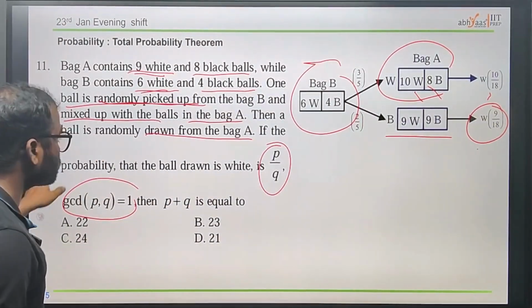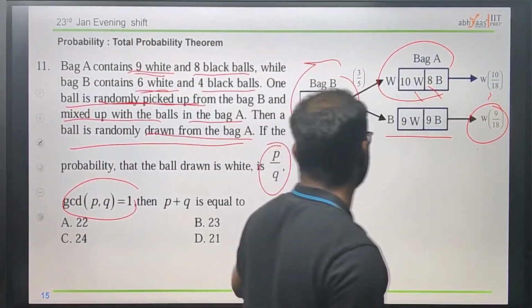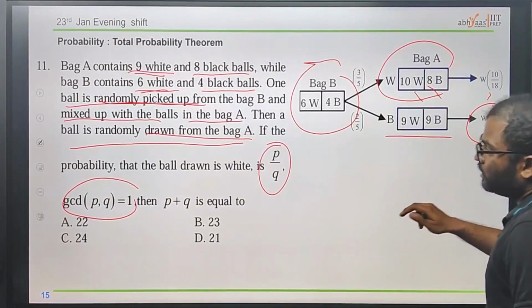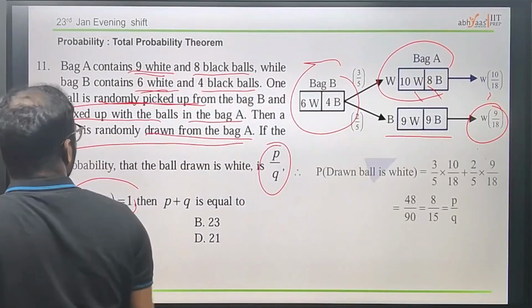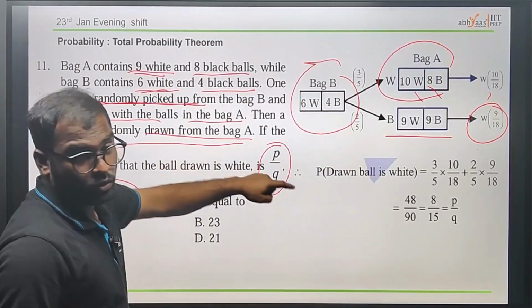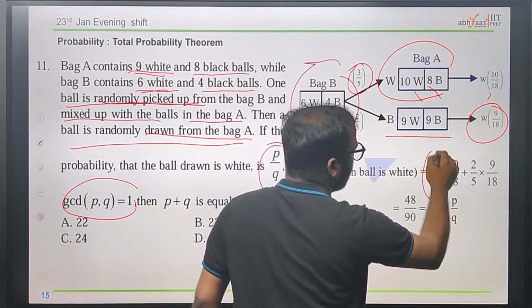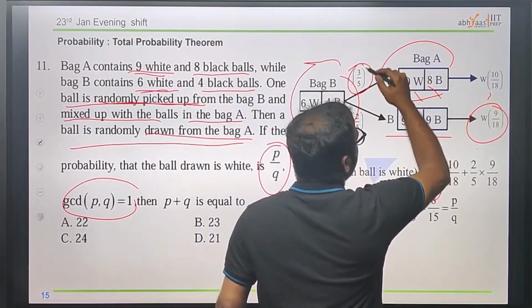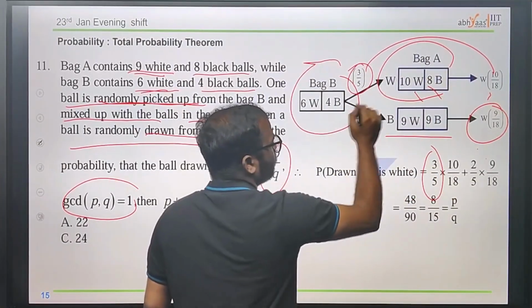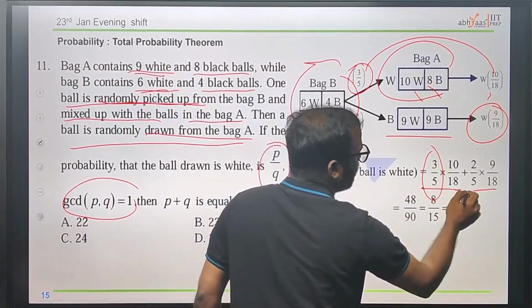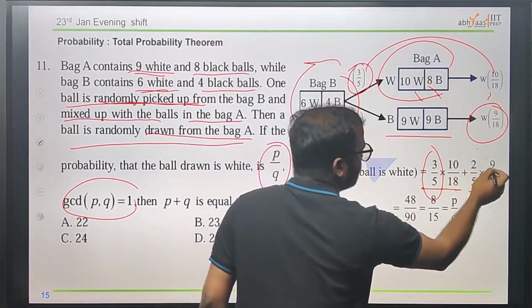Now a ball is randomly drawn from bag A, and we need to find the probability that the drawn ball is white. From the first case we have 3 by 5 times 10 by 18, and similarly adding the other case we have plus 2 by 5 times 9 by 18.